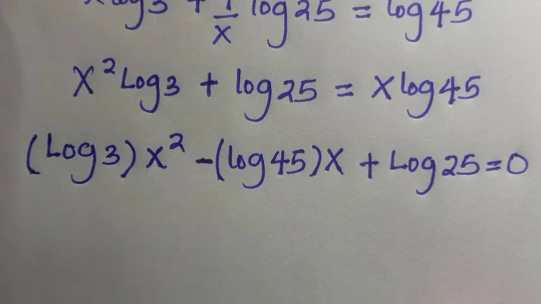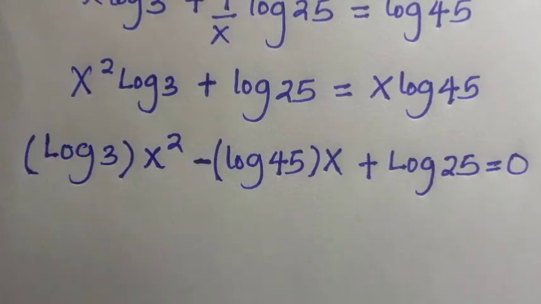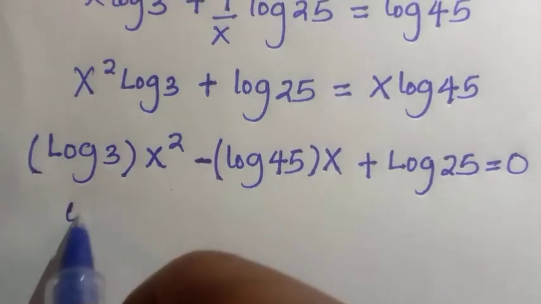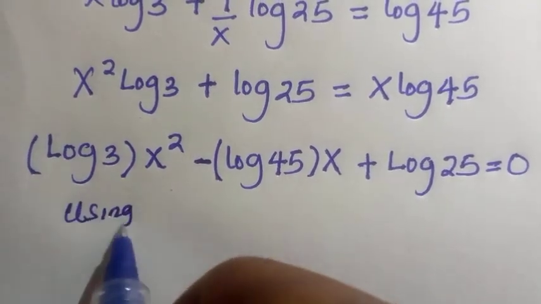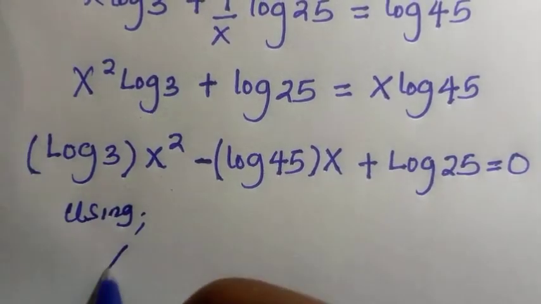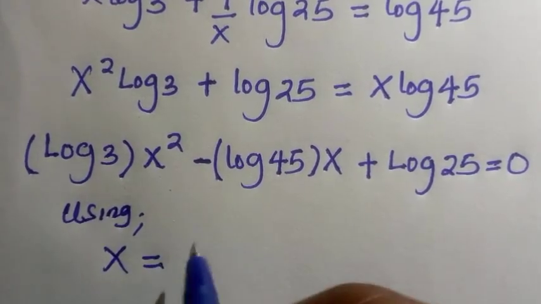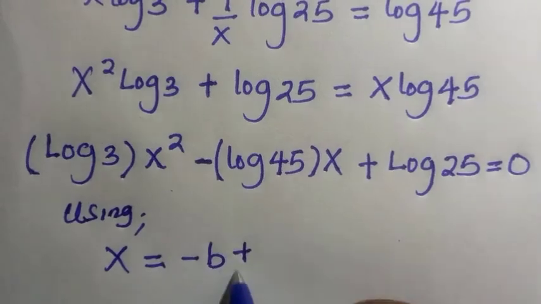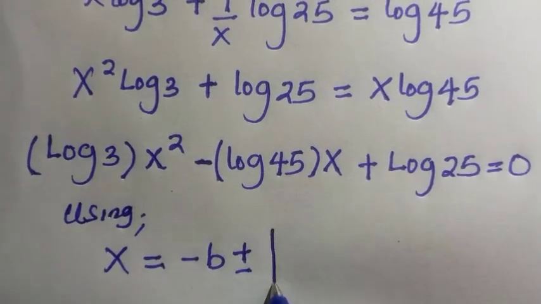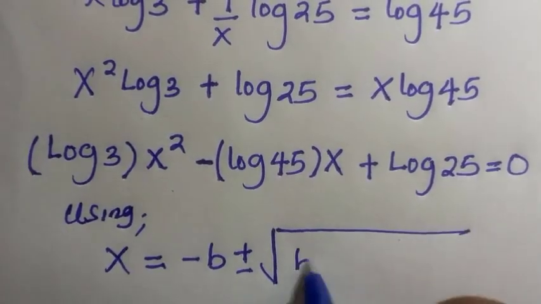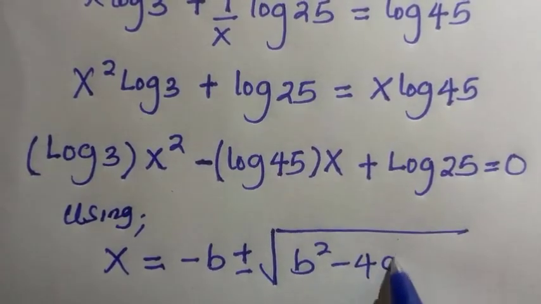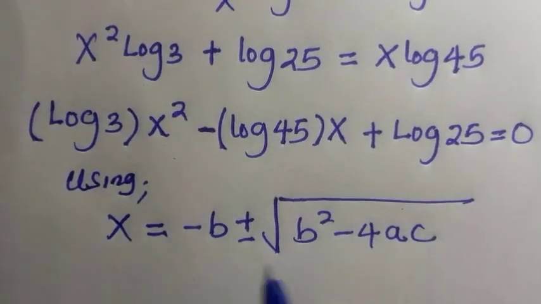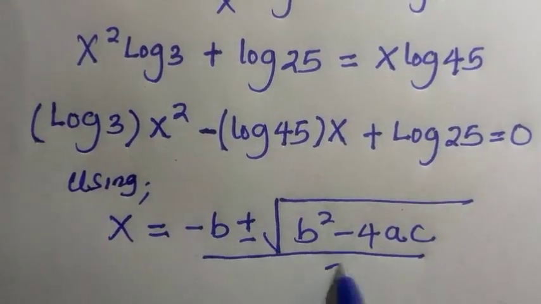So we apply the quadratic formula here as the general method, since it is not easy to factorize this. By applying the general quadratic formula, we have x equals minus b plus or minus the square root of b squared minus 4ac, divided by 2a.